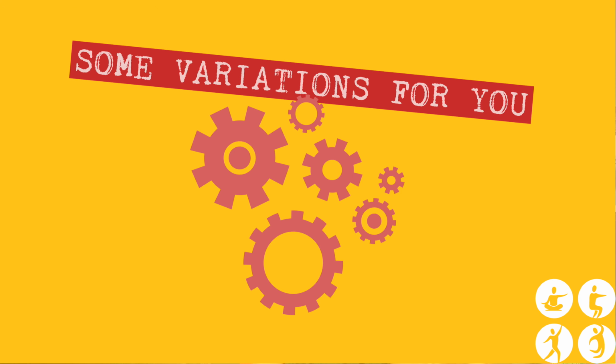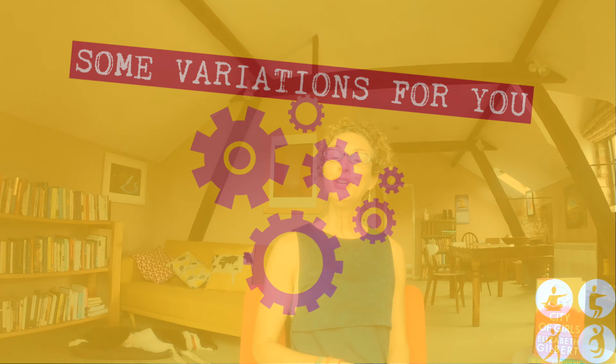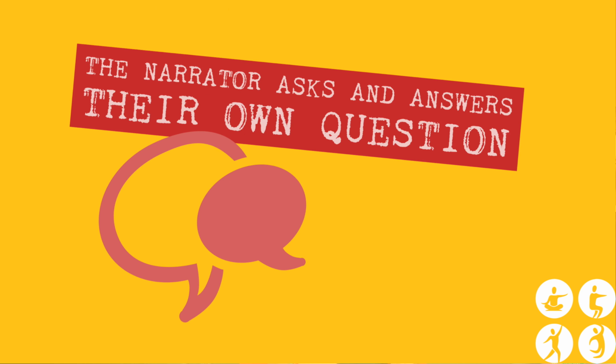So how can you use this technique? Well, you don't necessarily have to have another character ask the question, as in the first example I've given. You could actually have the narrator asking themselves. They might be looking back at a specific time in their life wondering, if I'd done this differently, what would my life be like now? So the narrator can ask and answer their own question.